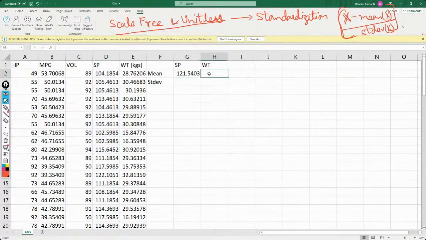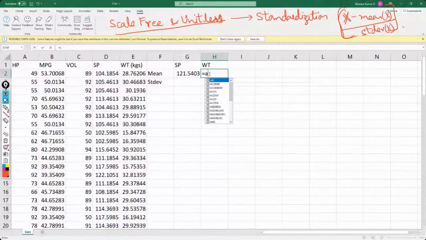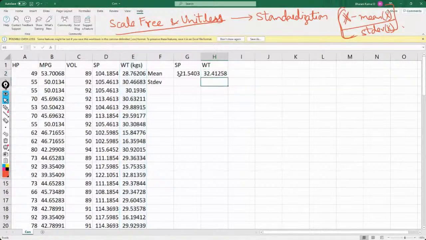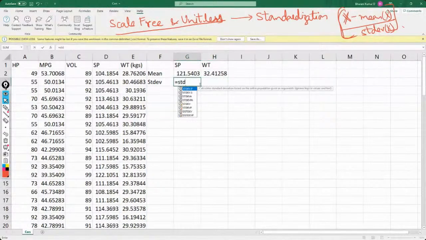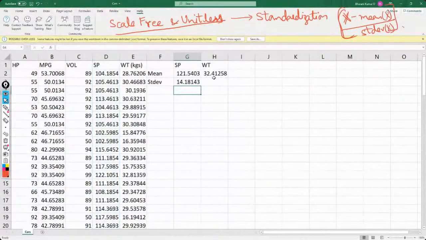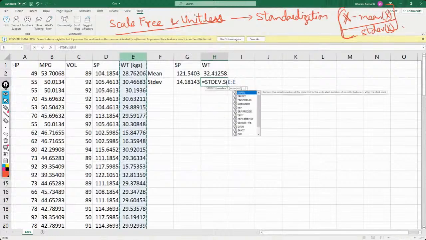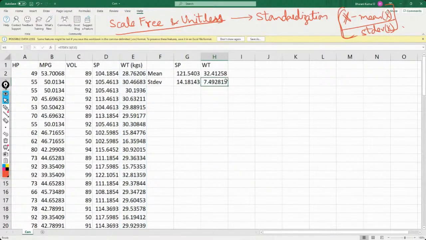You get that. Mean, the average of weight, is so much. Then standard deviation of top speed is so much. And standard deviation of weight happens to be so much.